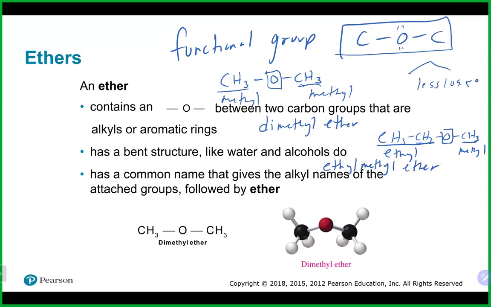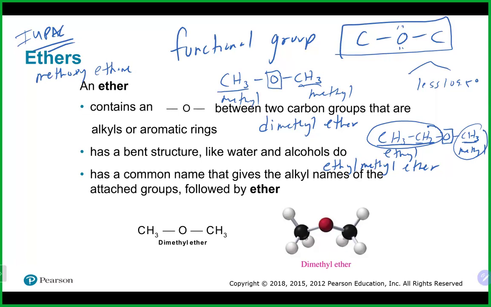So we'll go with common name. The IUPAC name is a little bit interesting, I guess. With the IUPAC name, you actually find the longest chain, which in this case would be ethane, and that's the base of your name. And for the other group, we drop the yl and put oxy, so methoxyethane is the IUPAC way of naming it, which is why we're going to go with common names.